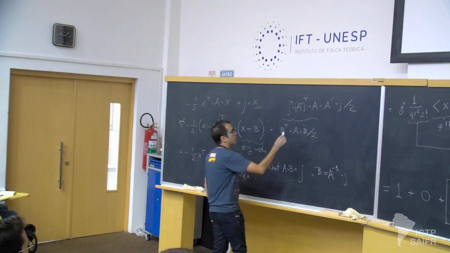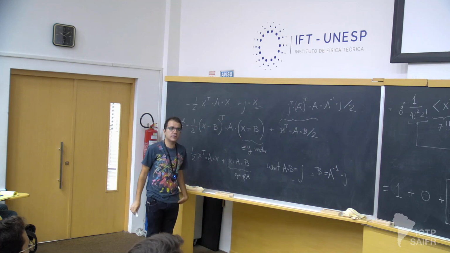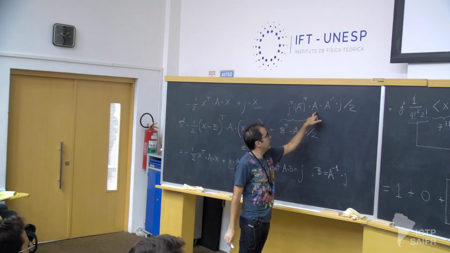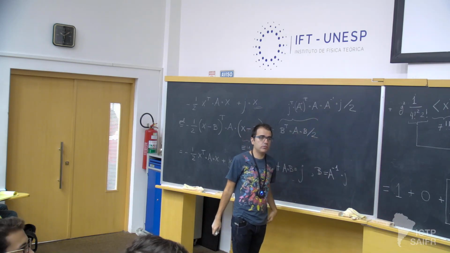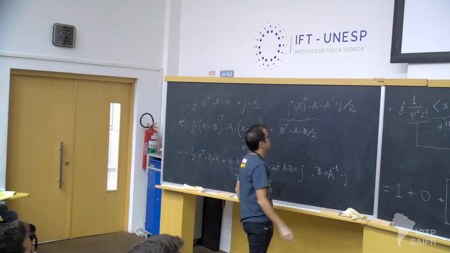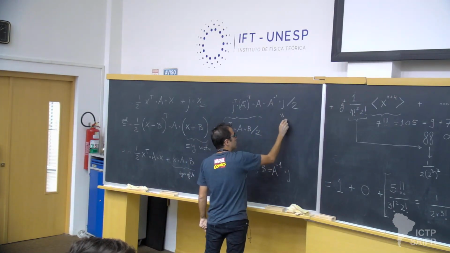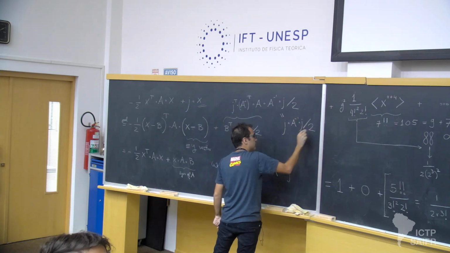Transpose or not here is irrelevant because A is symmetric, so for A minus 1 the transpose doesn't matter. And A minus 1 dot A is identity. One A minus 1 survives, and therefore we reproduce the result we want. So this part is indeed just equal to J dot A minus 1 dot J divided by 2.